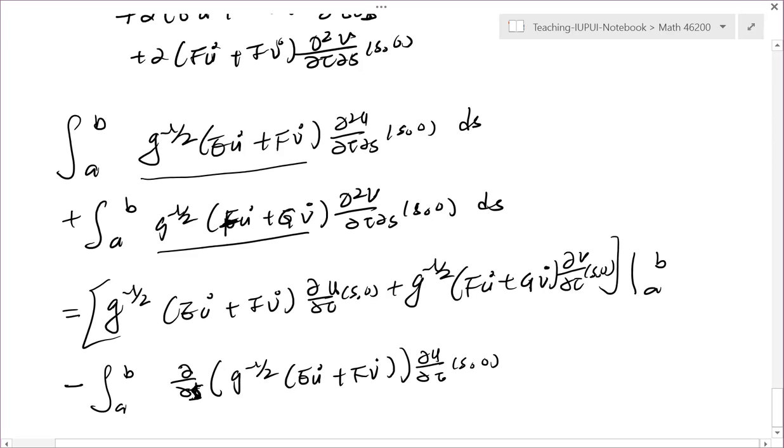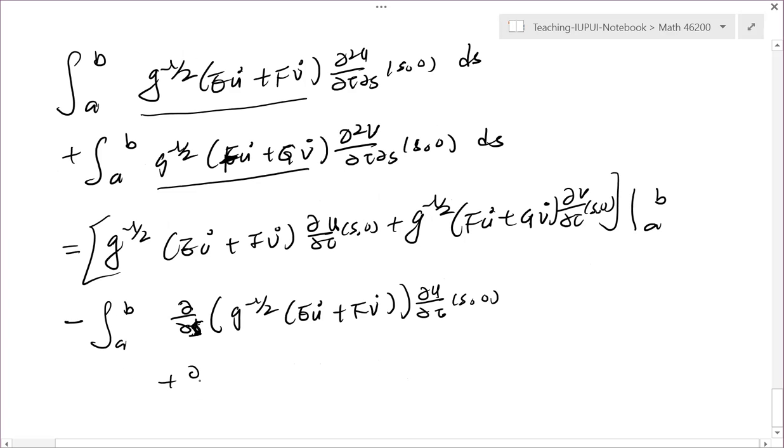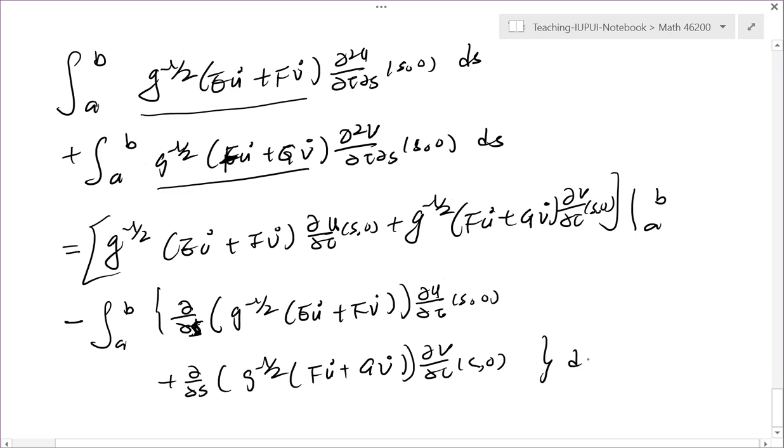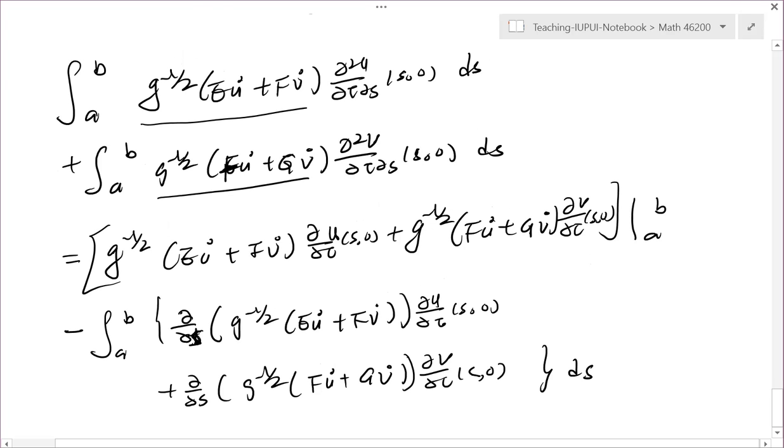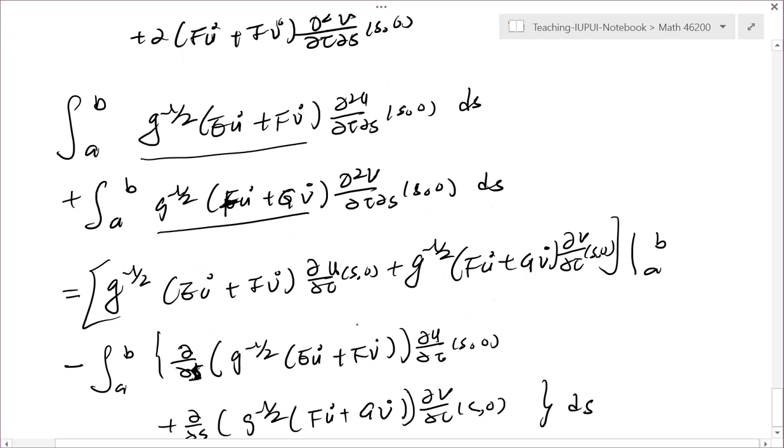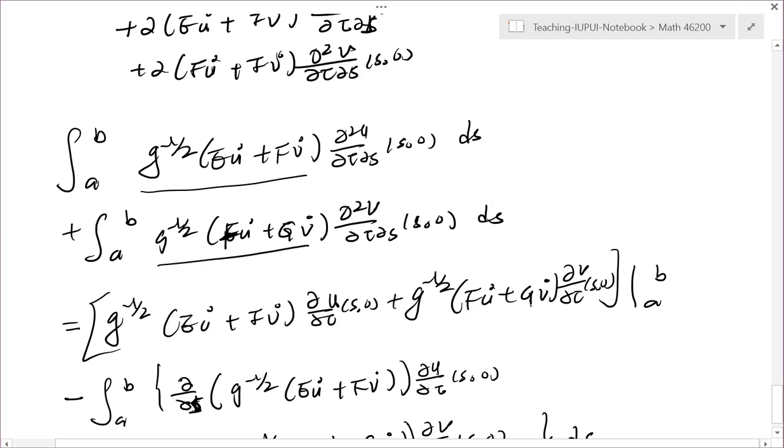And another term. Now what I want to say is that this part is going to be 0 because we fixed two endpoints.